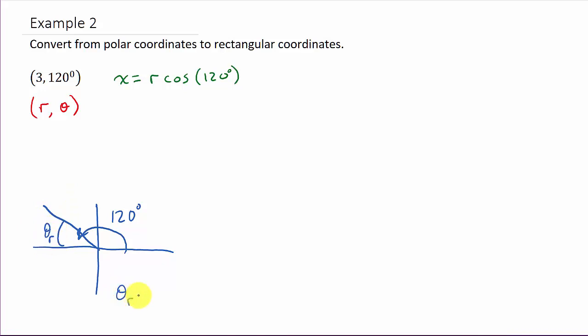And so we know our reference angle, which is this angle, is going to be 180 minus the 120, which is 60 degrees. Okay, that's my reference angle. And if you need to look at some more stuff on reference angles, I've got videos on reference angles. You can check those out.